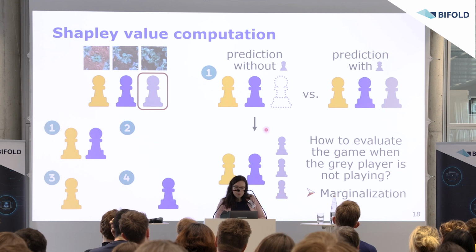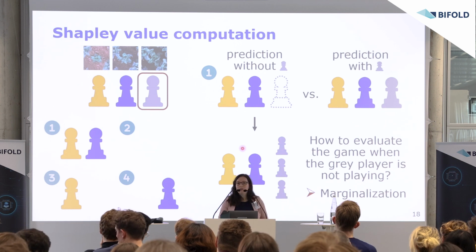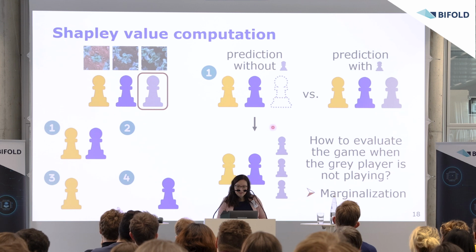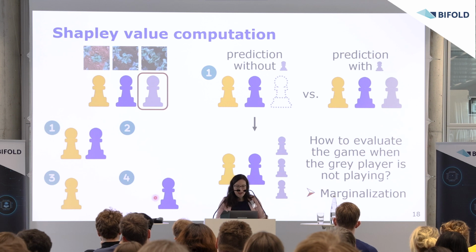You compute all the predictions with these different values, and then you average them. That means you marginalize out the effect of the gray player. You take this as the prediction without the gray player and compare it then to the actual constellation. You do this for all the coalitions, weighted and averaged, and then you have your Shapley values.